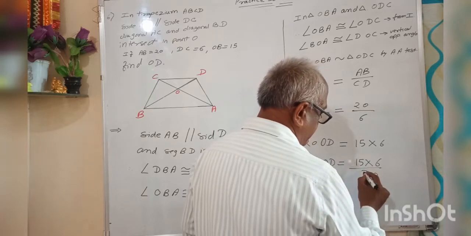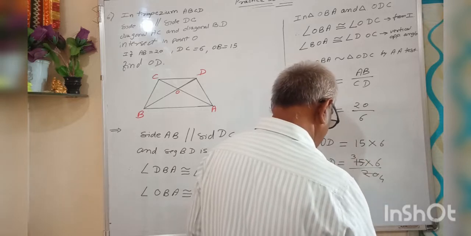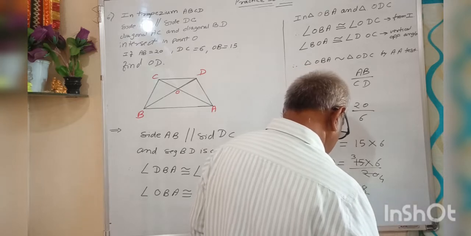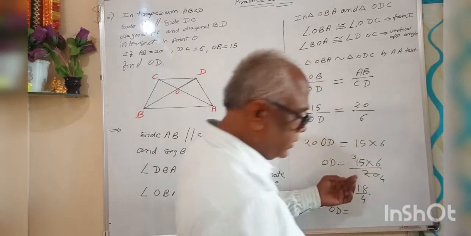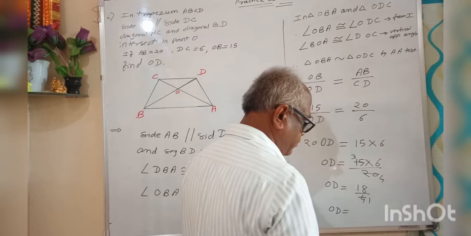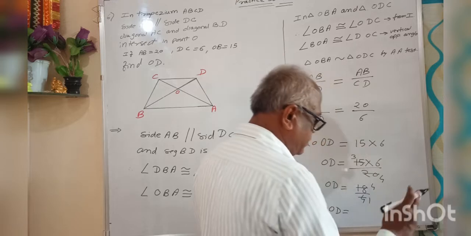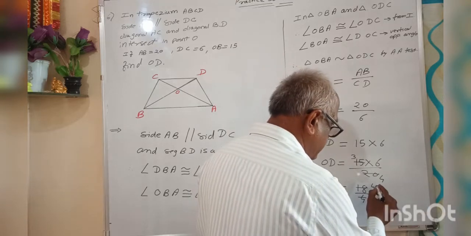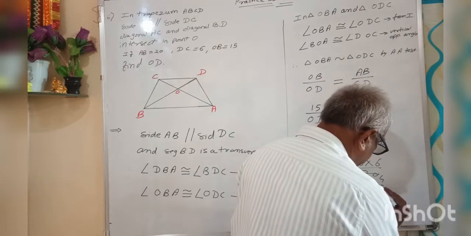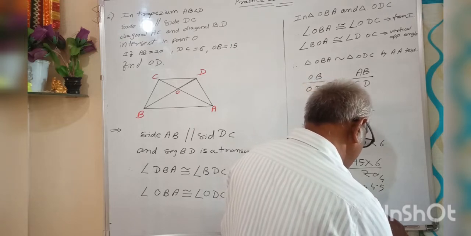That is 5 4s are 20, 5 3s are 15. Therefore, OD is equal to 6 3s are 18 upon 4. Now do the cancellation, 4 4s are 16, 17, 18, 2 remain, 0.4 5s are 20. Therefore, OD is equal to 4.5 units.